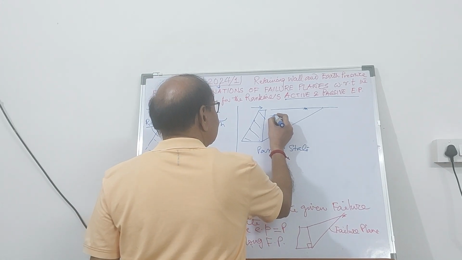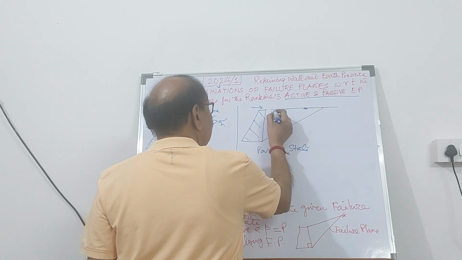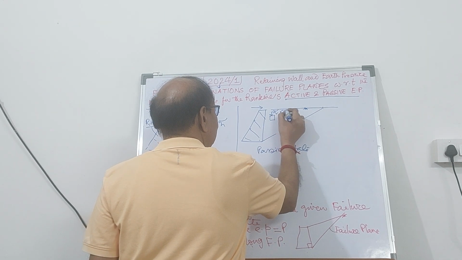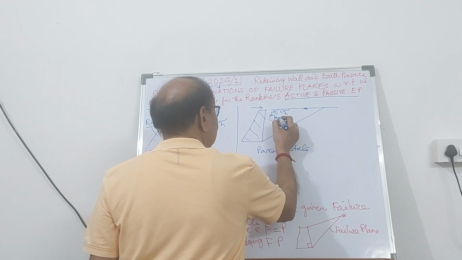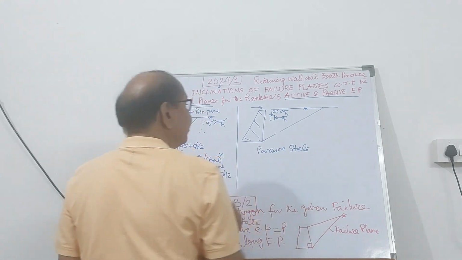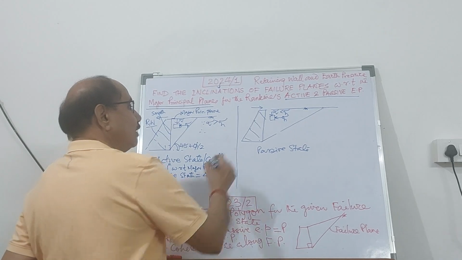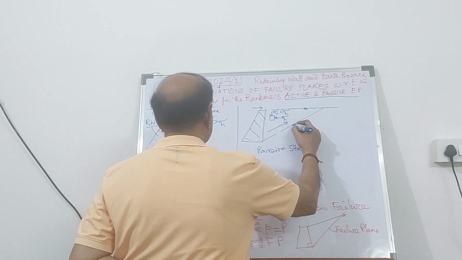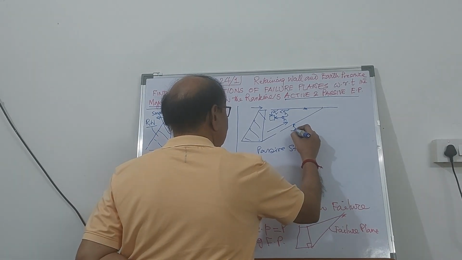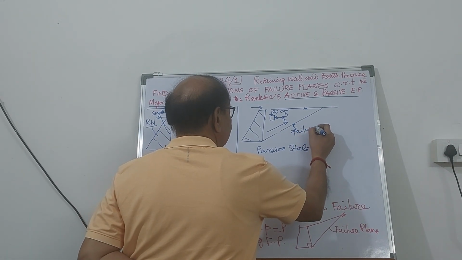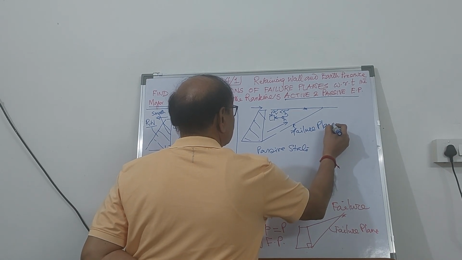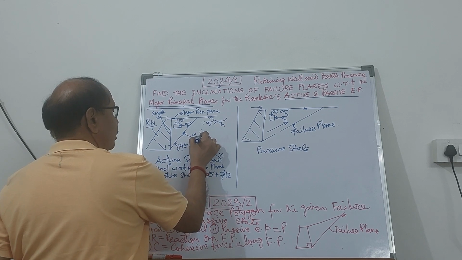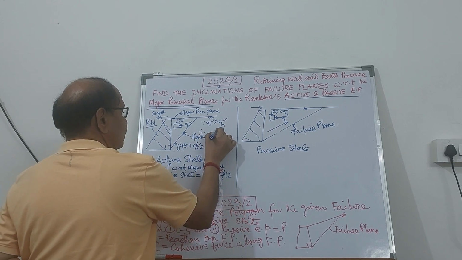As a result, the vertical pressure is going to be less than the horizontal pressure. So horizontal pressure is always more, and therefore this moves up the failure plane. So here this is your failure plane.